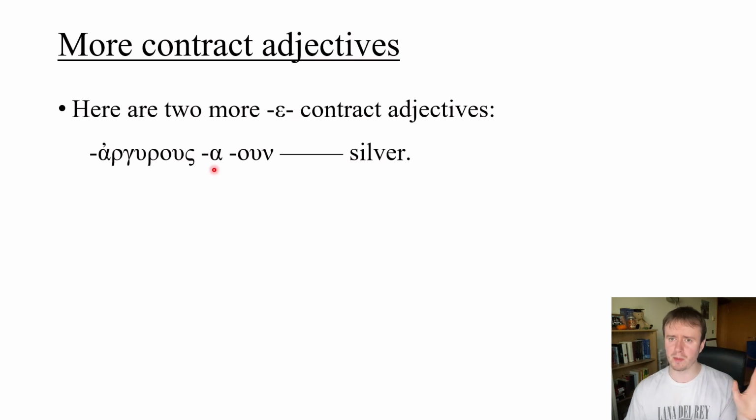But we don't actually need to remember that rule about contraction, that exception to what happens usually when you have epsilon plus alpha, because we can just remember that arguros has a stem ending in rho. The reality is more complicated than that technically. It has a stem ending in epsilon, but we can just think of it as having a stem ending in rho, and we know that adjectives which have stems ending in epsilon, iota, or rho use alpha in the feminine singular forms rather than eta.